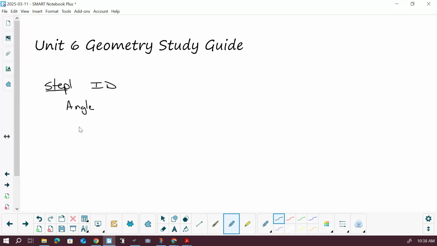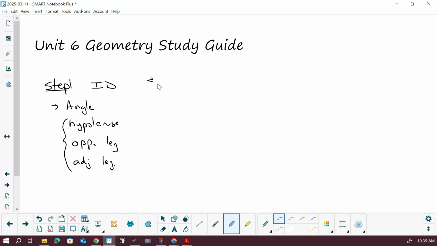You're also going to identify the hypotenuse, the opposite leg, and the adjacent leg. You will always have these, but of these three things, you will have two of them. One of these things won't be in each picture.